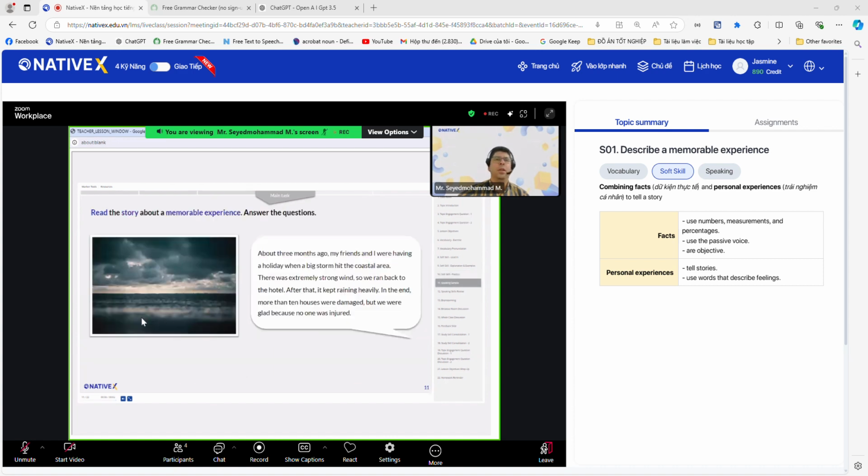Okay, guys. Now, let's read the story about a memorable experience and answer the questions. So, Jasmine, could you please start reading this passage? About 3 months ago, my friends and I were having a holiday when a big storm hit the coastal area. There was extremely strong wind, so we ran back to the hotel.